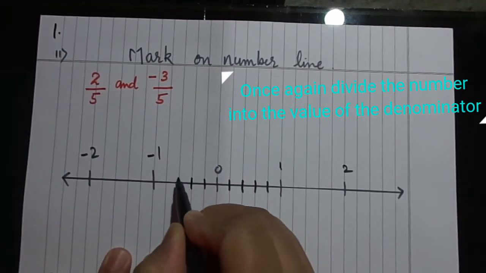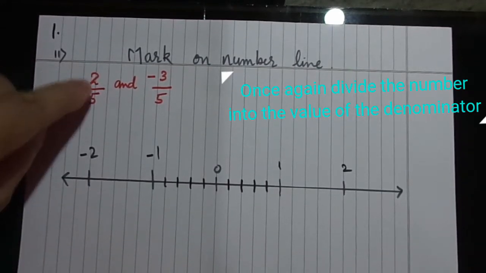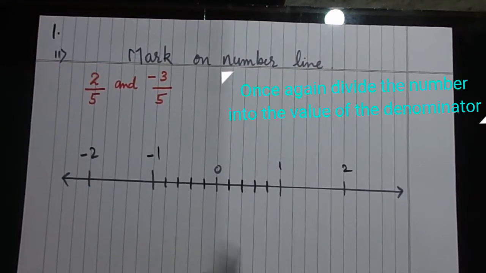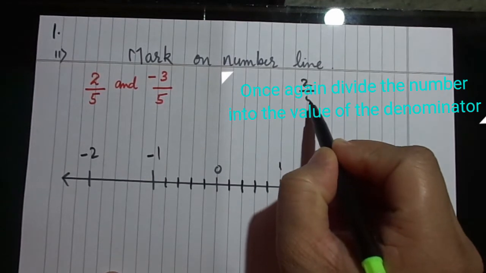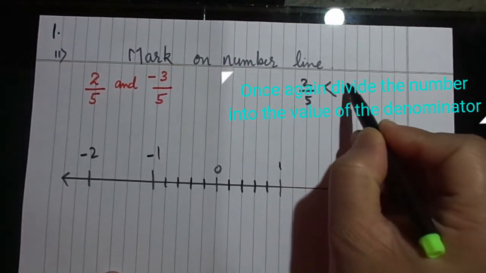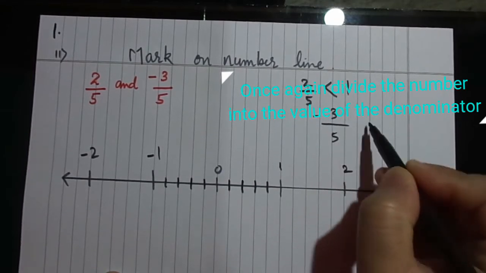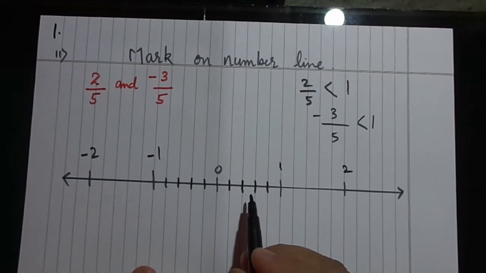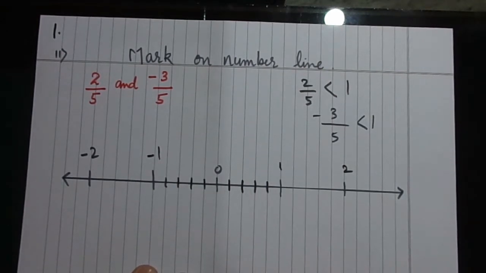1, 2, 3, 4. You can see that 2 by 5 and 3 by 5 are less than 1. So since 2 by 5 is less than 1, similarly, minus 3 by 5 is also less than 1. Therefore, they are confined between 0 and minus 1 and 0 and 1.